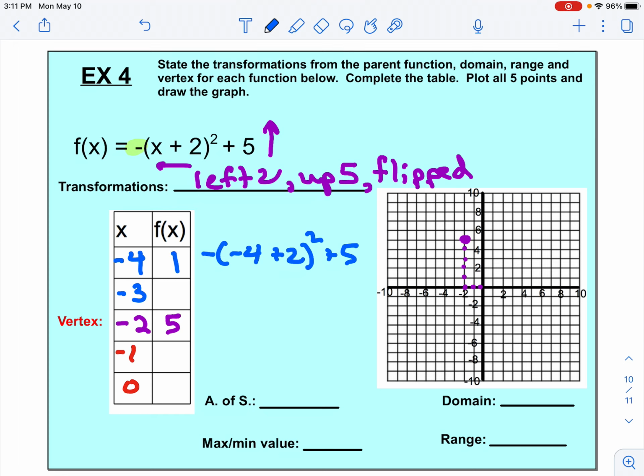So when x is negative 4, y is 1. Now we'll put negative 3 in there. So the opposite of negative 3 plus 2 squared plus 5. Again, you can type that all into your calculator, and that will give you 4. So at negative 3, we're at 4.